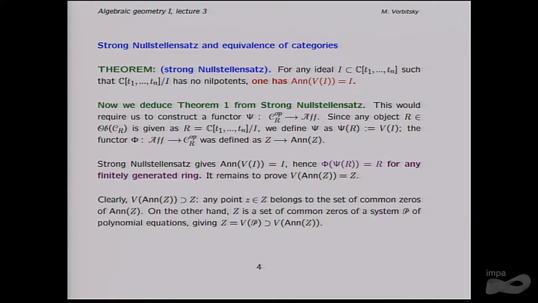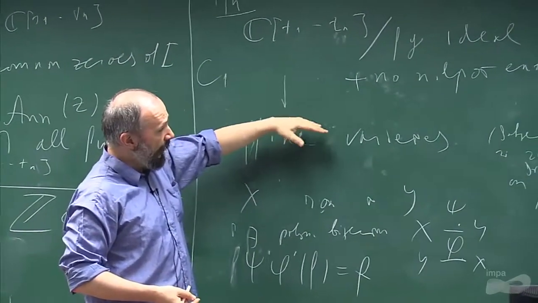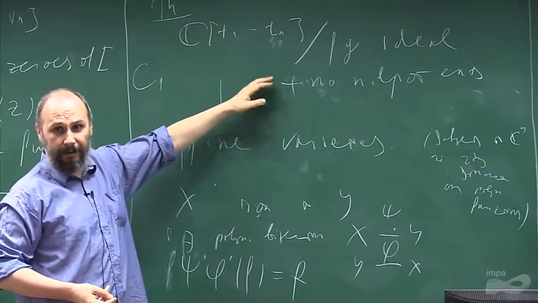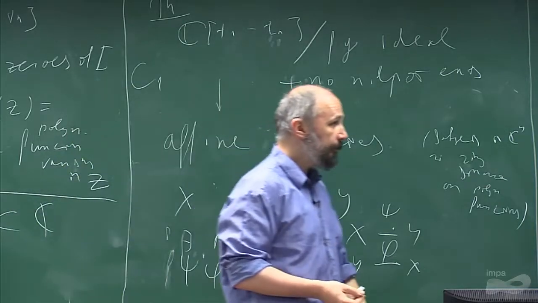Okay, let's deduce equivalence of categories from the strong Nullstellensatz. We need a functor. Of course, these are affine varieties and rings. It's actually a contravariant equivalence. If you have a map from an affine variety to another variety, the rings go in the opposite direction. It was explained last time.